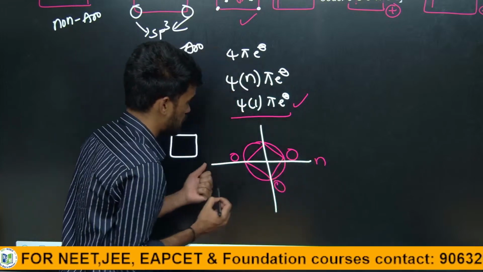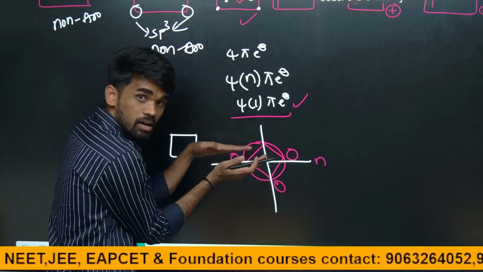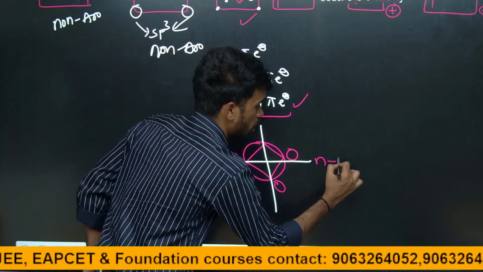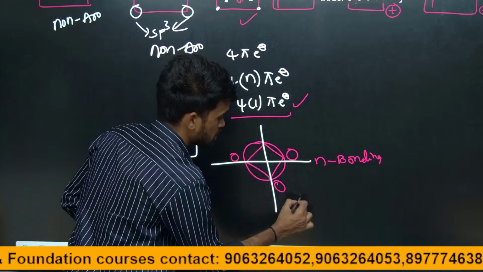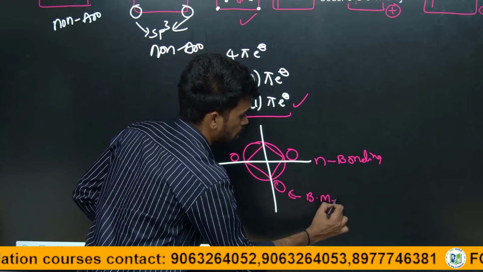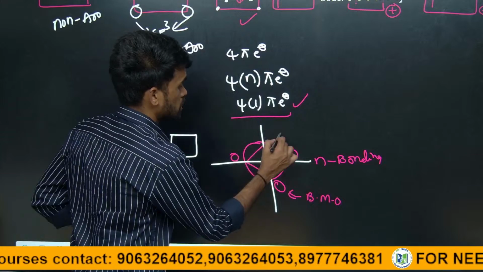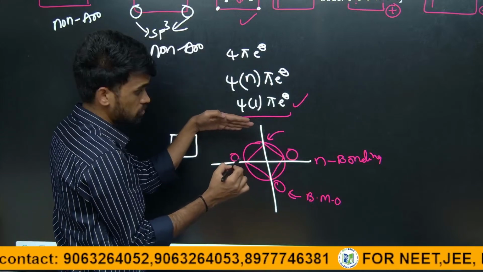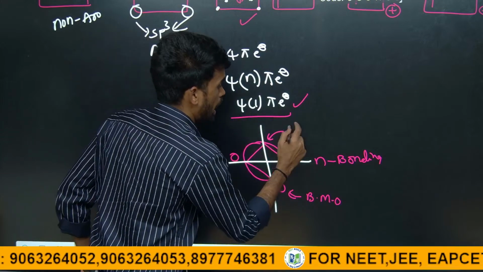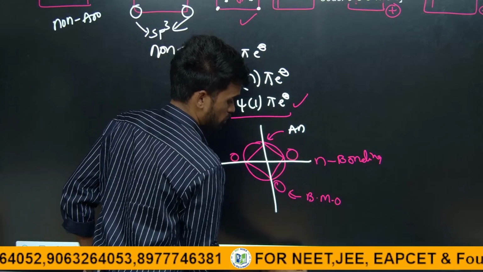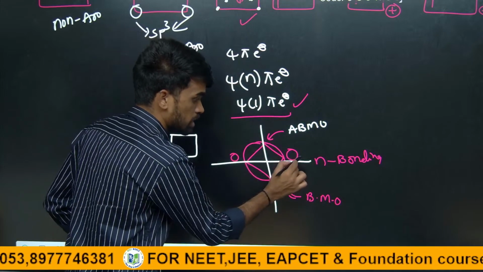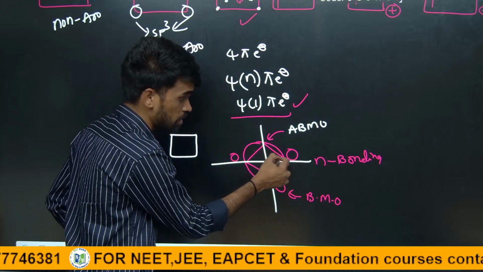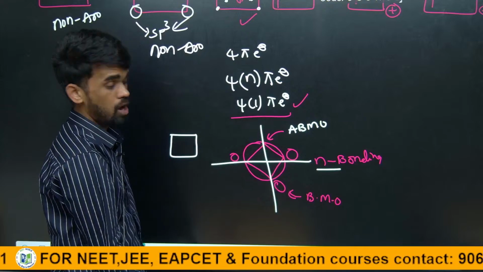Whatever orbitals are present on that line are non-bonding orbitals. Those below the line are BMO, bonding molecular orbitals, and those above the line are anti-bonding, which we write in short form as ABMO. Those which lie on the line are non-bonding orbitals.